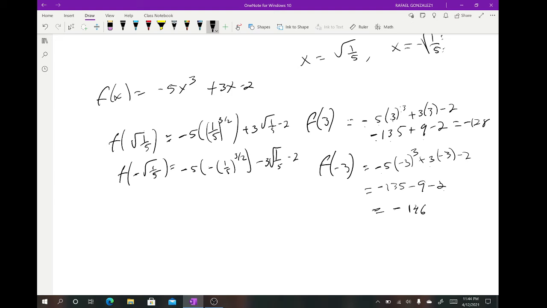That is going to be the top one. So f of radical 1/5 is going to be equal to negative 2.1537, roughly.